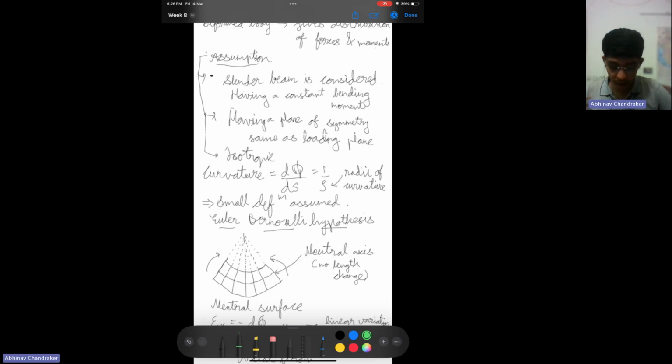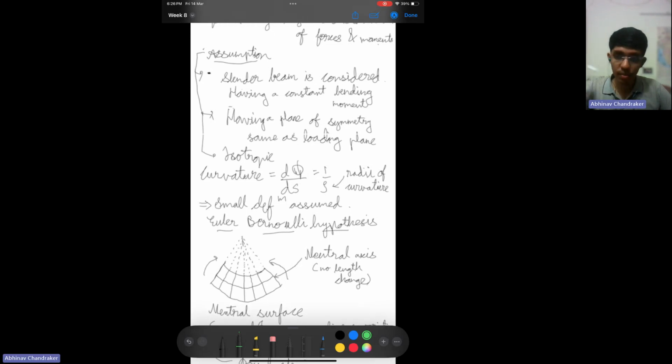So the cross section of the member that you are loading has a plane of symmetry, and the loading will also occur on that plane of symmetry only.